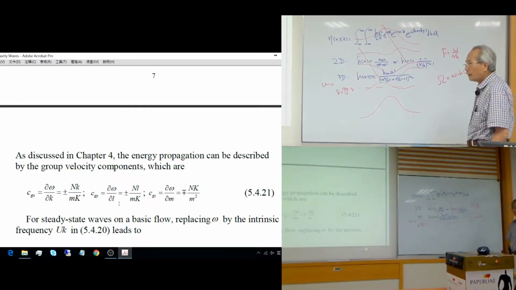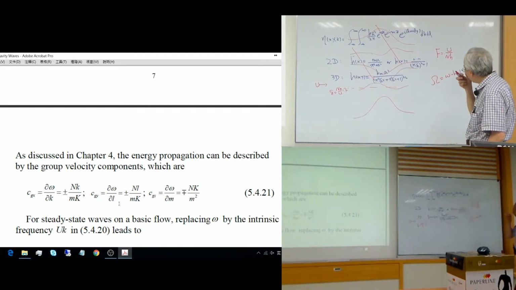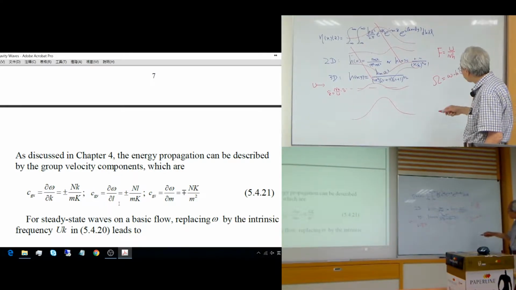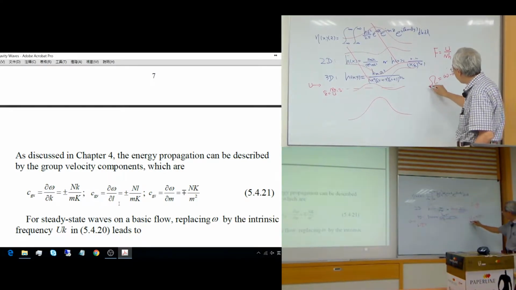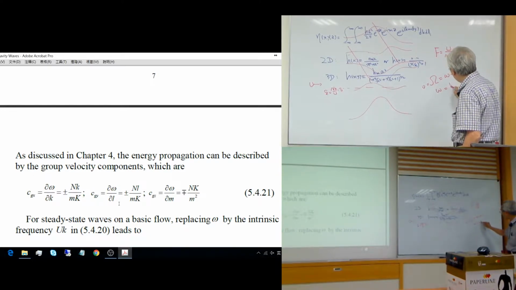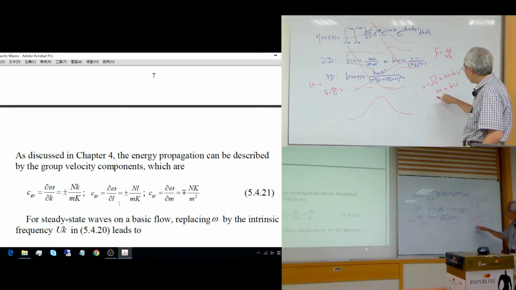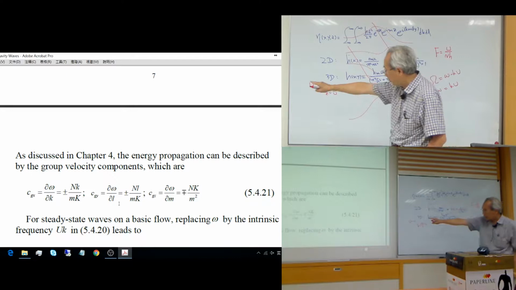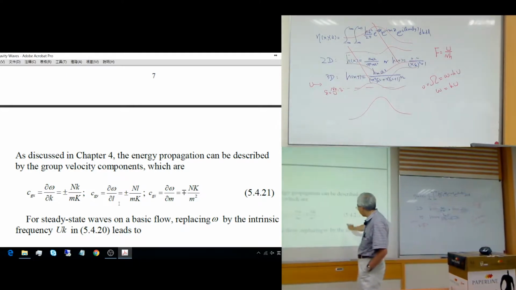Okay, minus Ku. And then say if this is equal to 0, then omega equals Ku. So that means steady state, and then omega will be replaced by Ku. So then you can replace this omega by Ku.